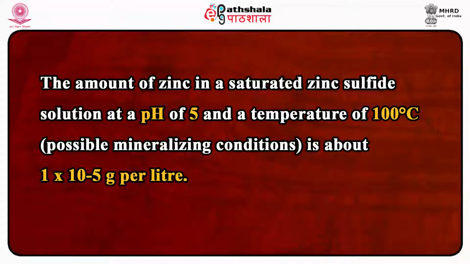Sulfides and other minerals have such low solubilities in pure water that it is now generally believed that metals were transported as complex ions. A few simple figures will illustrate this. The amount of zinc in a saturated zinc sulfide solution at a pH of 5 and temperature of 100 degrees centigrade is about 1 times 10 to the power of minus 5 grams per liter.